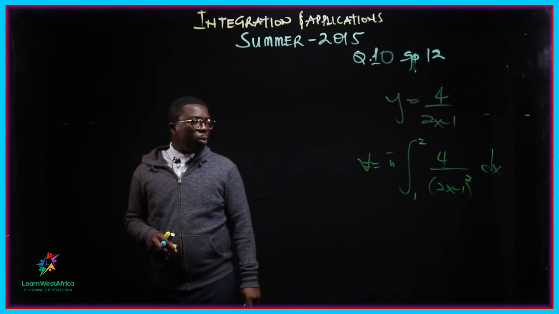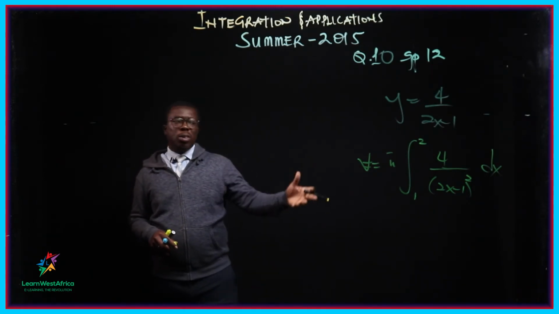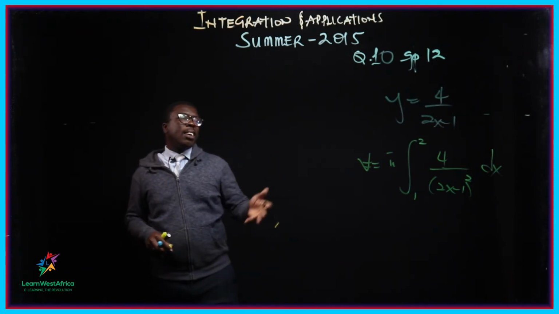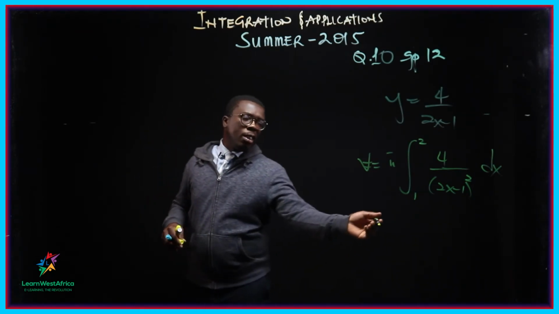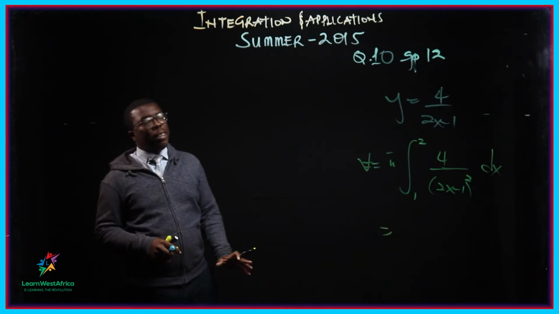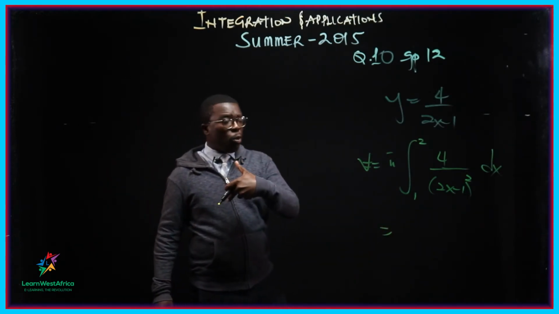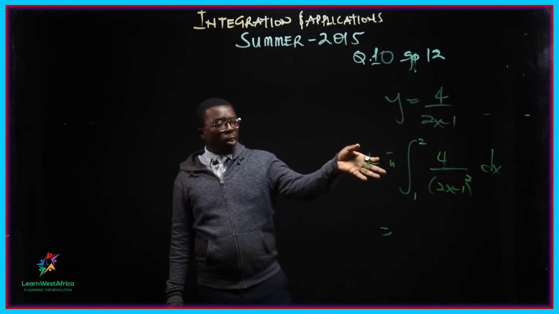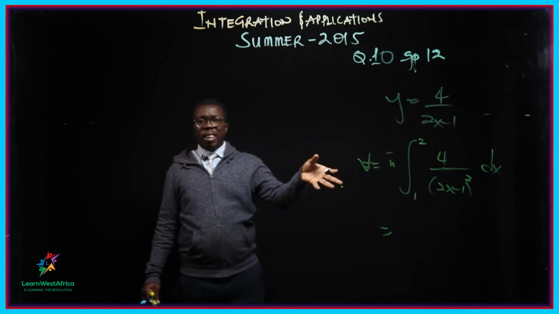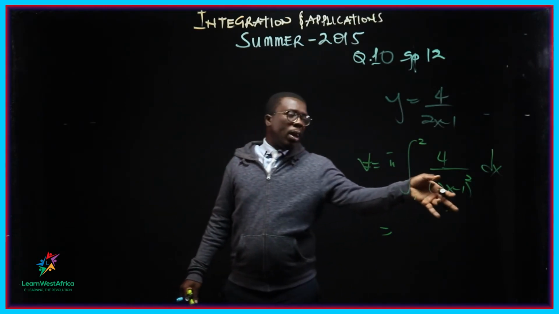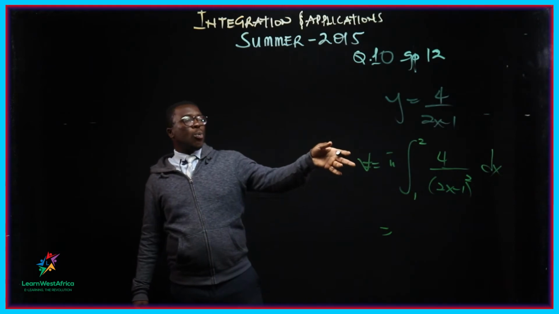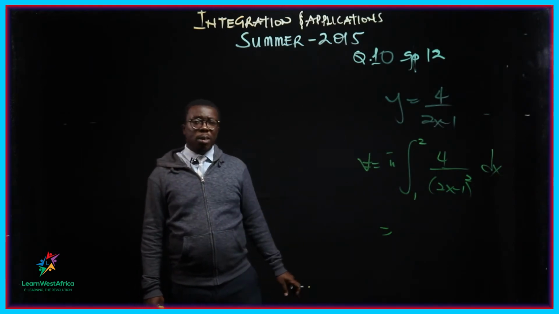So what happens to that? We need to integrate that with respect to x, about the x-axis. That gives a very simple integral. Now this is a definite integral, so we don't have any challenges with it. And like in the previous question, I've already shown you how you can do the integration of linear factors. When you have a linear factor, 2x minus 1 all squared, you take it up, you're going to have 2x minus 1 to the power minus 2, then you slot the values in there.